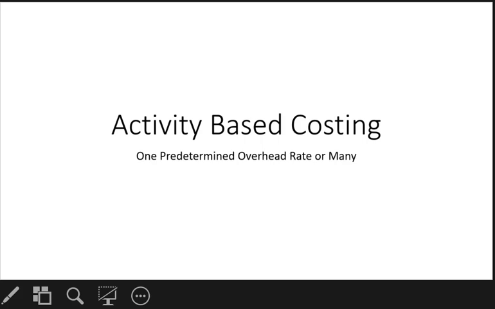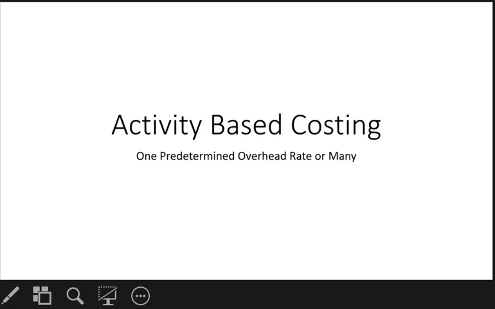While this is maybe easiest to see using job costing from Chapter 1, it is also available and can be used with process costing, which is what we'll learn in Chapter 3. So we can apply this activity-based costing concept to either job costing or process costing.